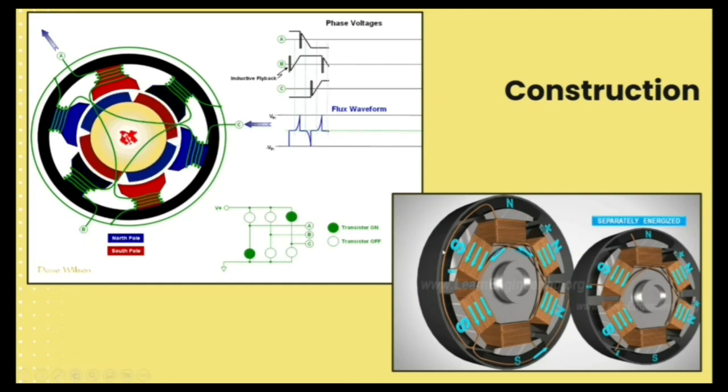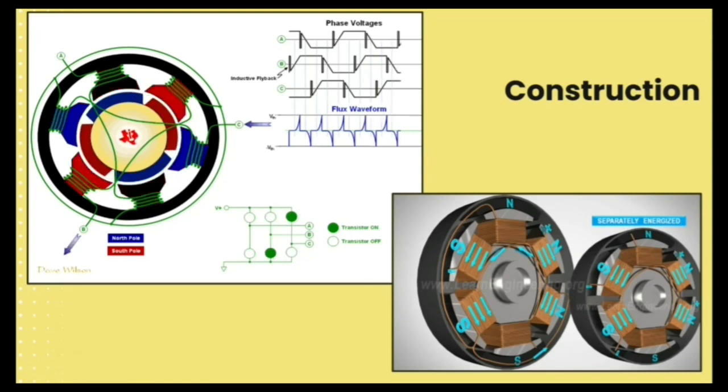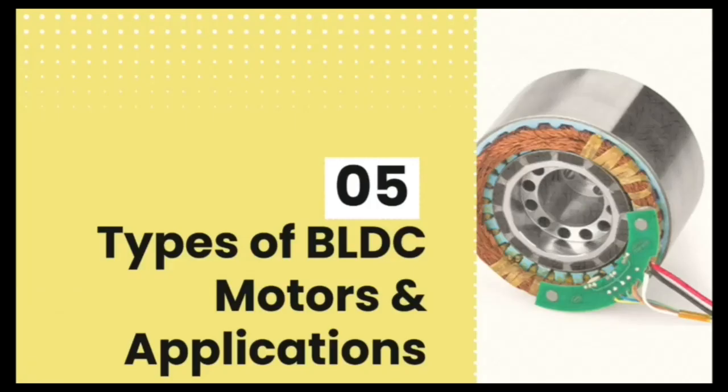Here we demonstrate using one conductor connecting this coil to this coil. This conductor is used to connect each coil. This is the construction of a BLDC motor, and let's move to the types of BLDC motors and applications.